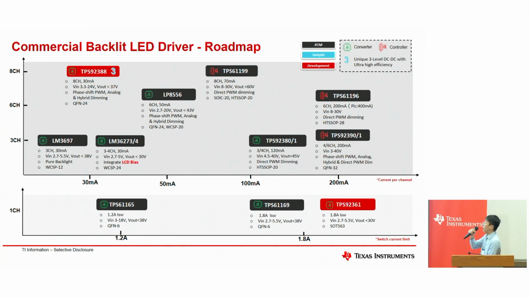I want to highlight 2 new devices that are still under development right now. Those are in red. One is the TPS923388. It has a unique 3-level DC-DC with ultra high efficiency. You can see it in the top left corner, with a blue 3 around it. This is also the first device in the backlight module industry that we are designing as a 3-level DC-DC.